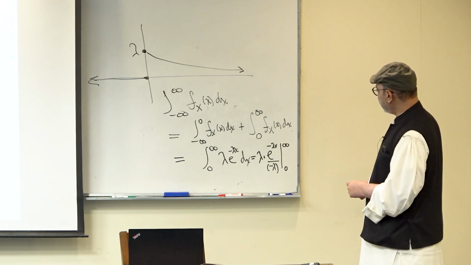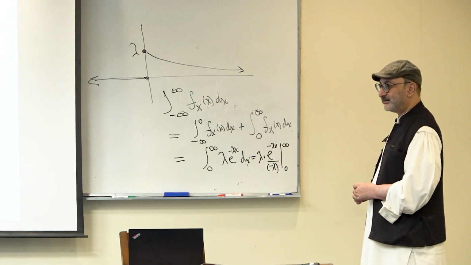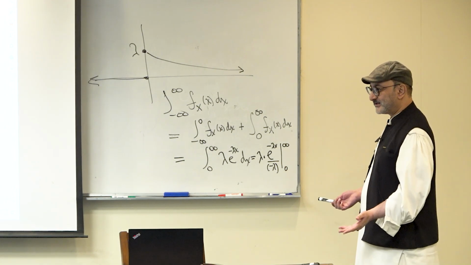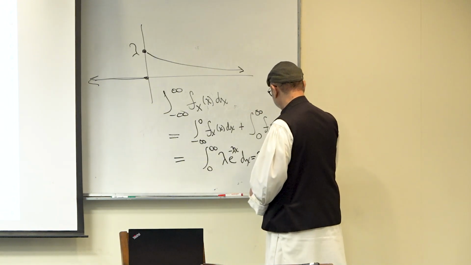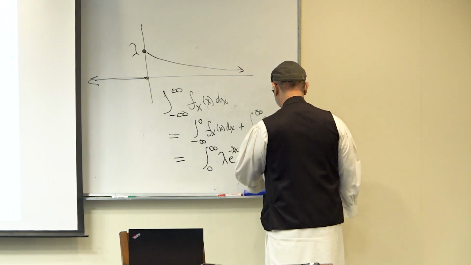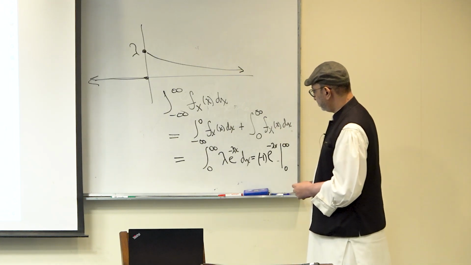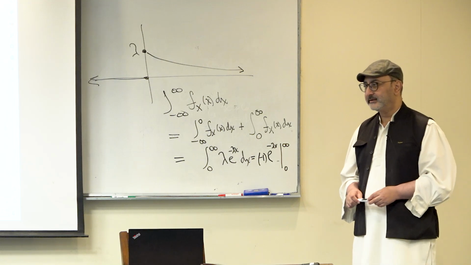Okay, so let's make a simplification. I have lambda being divided by negative lambda. So that's a minus 1.